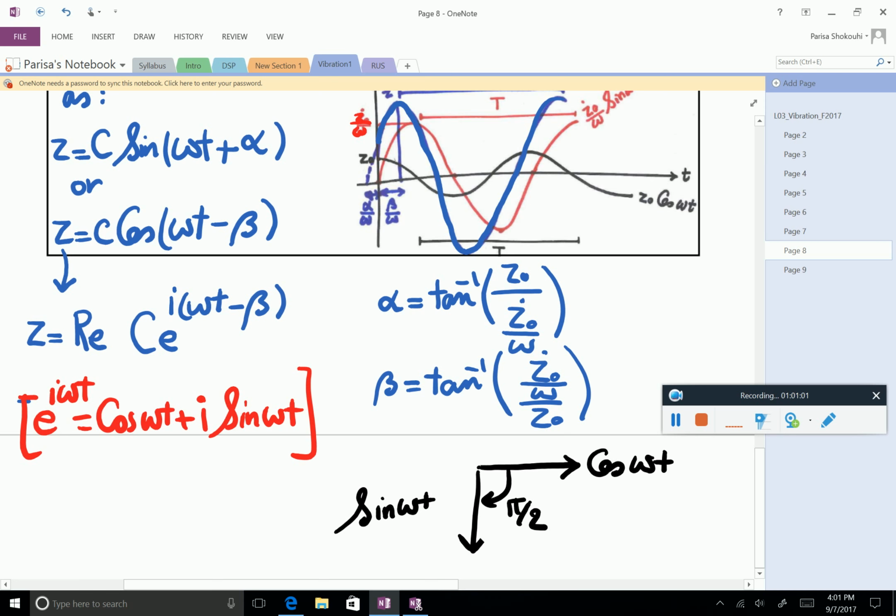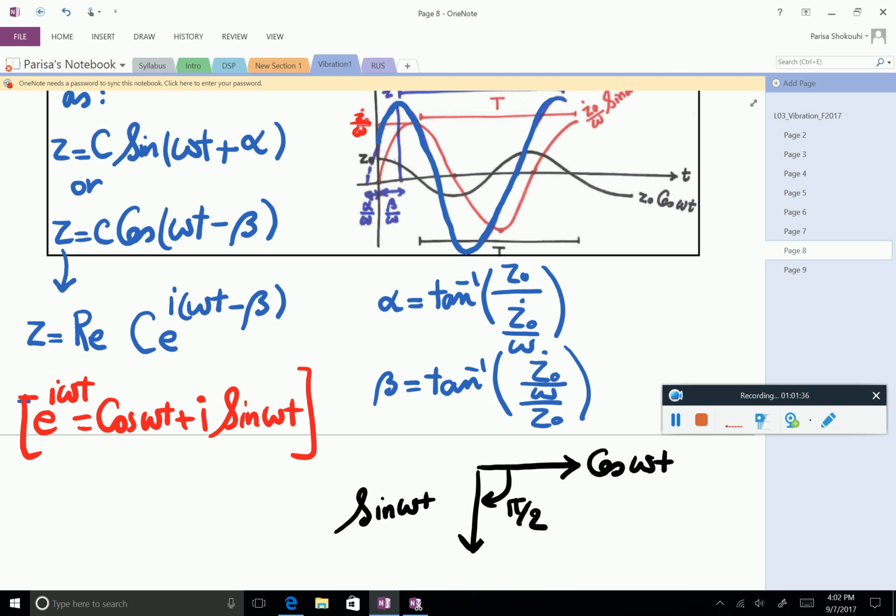The sine lags behind cosine by pi over 2. If you just look at it, this becomes clear. You have the red, and you see that the cosine is pi over 2 ahead because the peak comes first, and then the sine takes pi over 2 to get to the peak. For that reason.